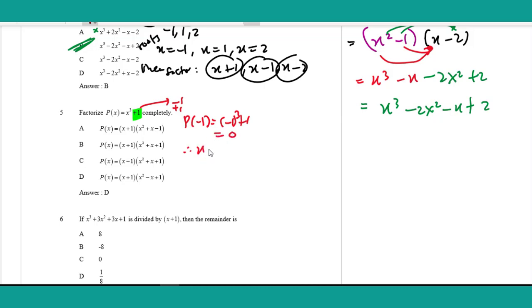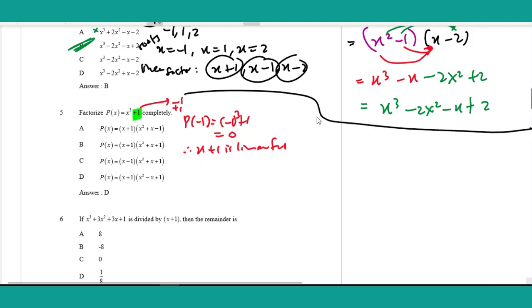Therefore, x plus 1 is one of the linear factors. Then write down p(x) is equal to x cubed plus 1.